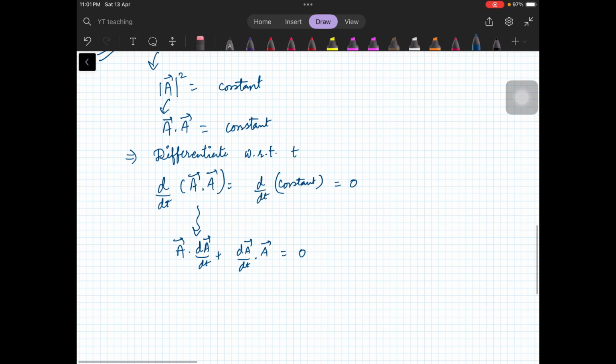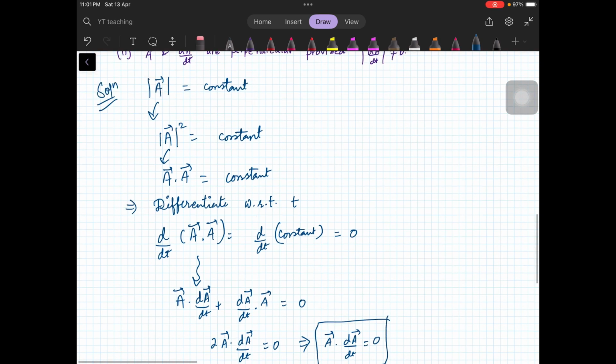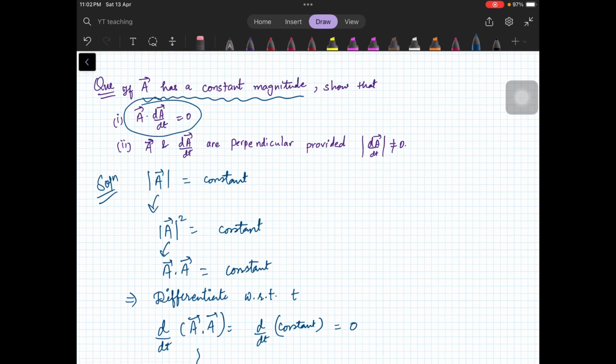So you get 2 times A vector dot dA by dt vector is 0, and that gives you A vector dot dA by dt is 0. So that is the first part we want to prove.